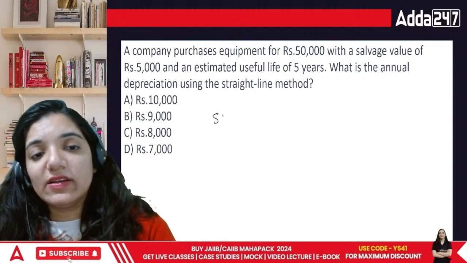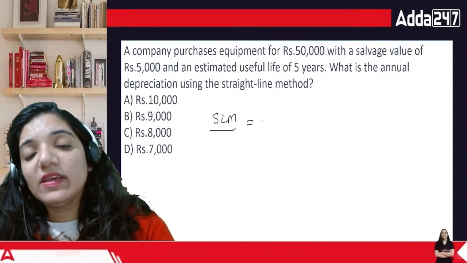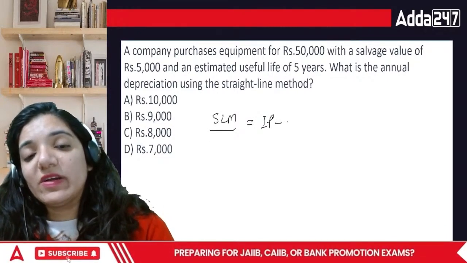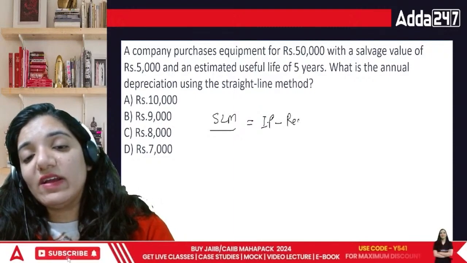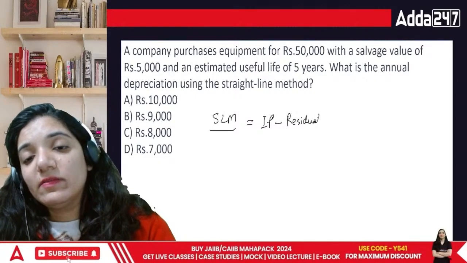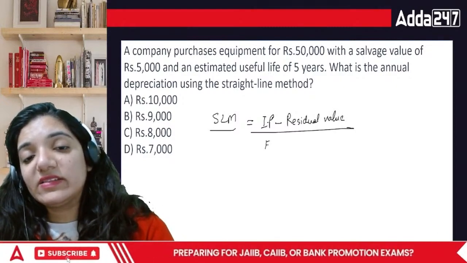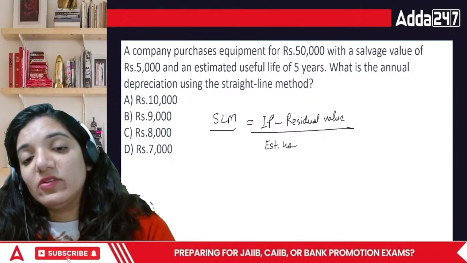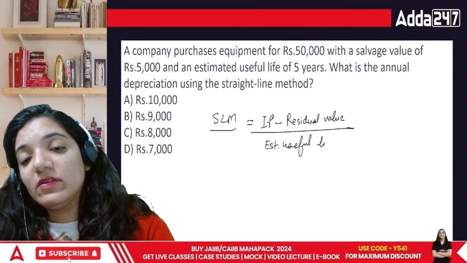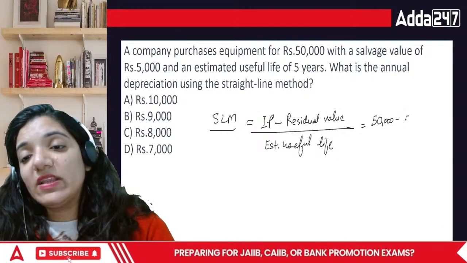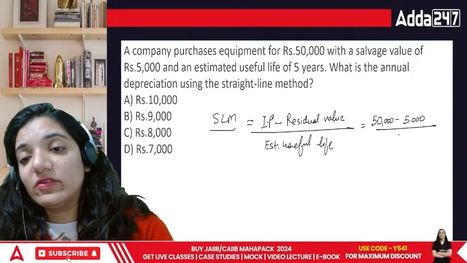Showing you the method. Under the SLM method, what is the formula? It is your cost price or invoice price minus your residual value, divided by estimated useful life. So technically we have 50,000 minus 5,000 divided by 5 years.